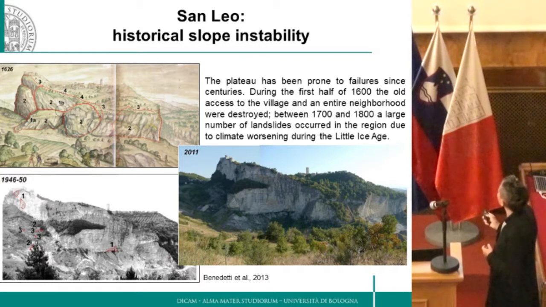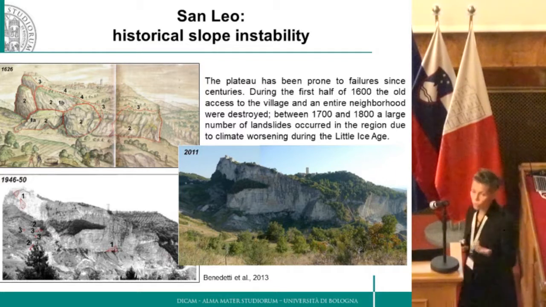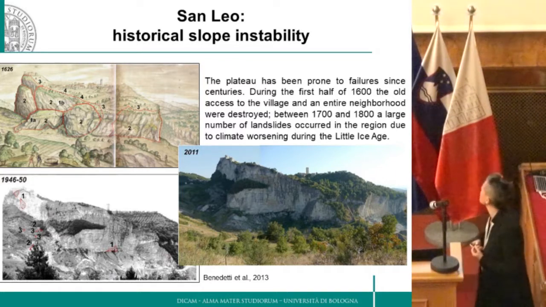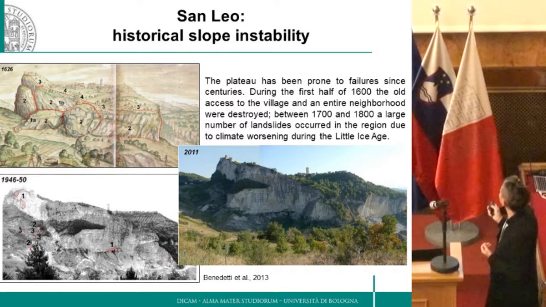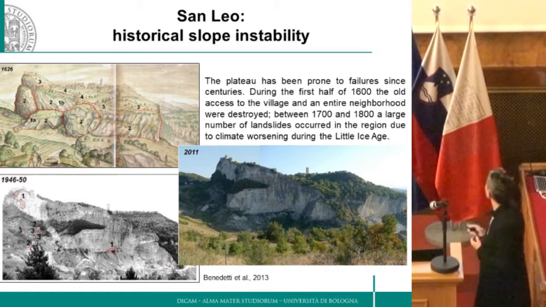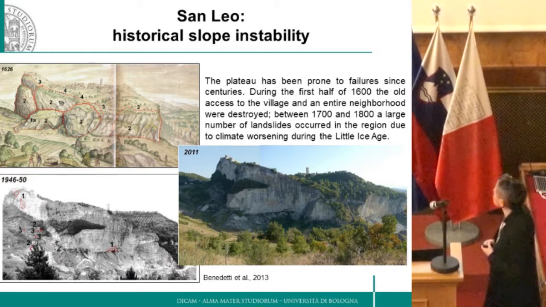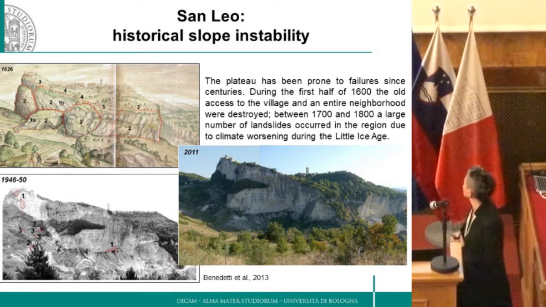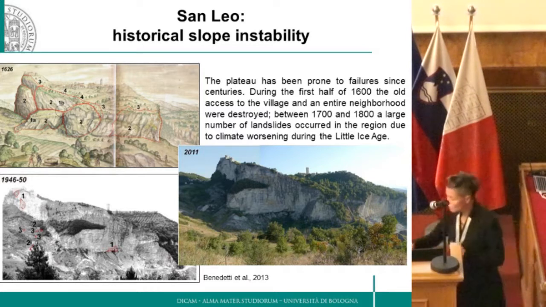And some parts of the rock slab were destroyed and completely shattered by large landslide events, like this part here and also this part here, mainly in the 17th century. And also during the Little Ice Age, a number of landslide events were recorded.